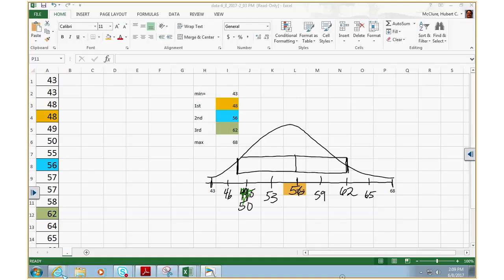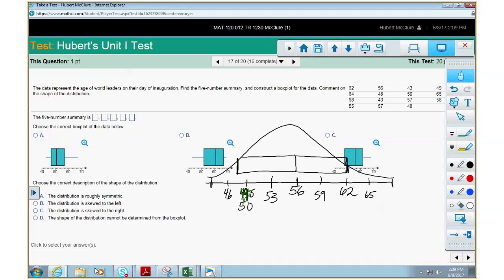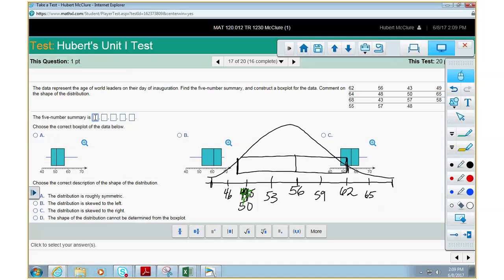So we go back to our handy-dandy virtual test. And what's my 5-number summary? Somebody give it to me. 43. 48. 56. 62. 68.